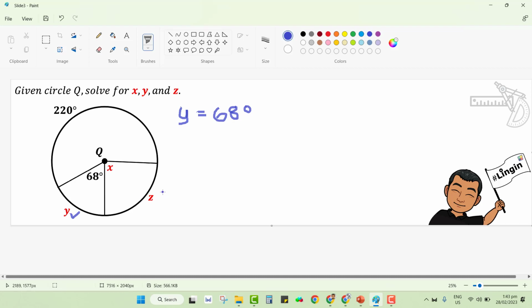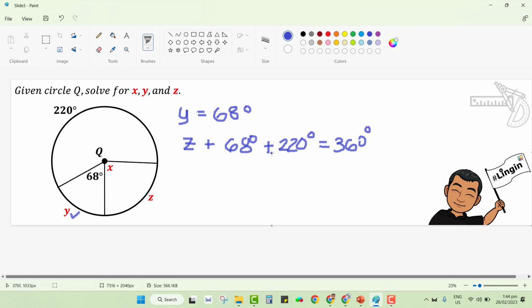The reason for that is since we are already given the major arc which measures 220 degrees, and we also have arc y which now measures 68 degrees, this arc here, represented by z, is the remaining arc that completes the entire circumference of circle Q. And since the entire circumference measures 360 degrees, the value of arc z plus the value of arc y, which is 68 degrees, and the given major arc of 220 degrees must sum up to 360 degrees.